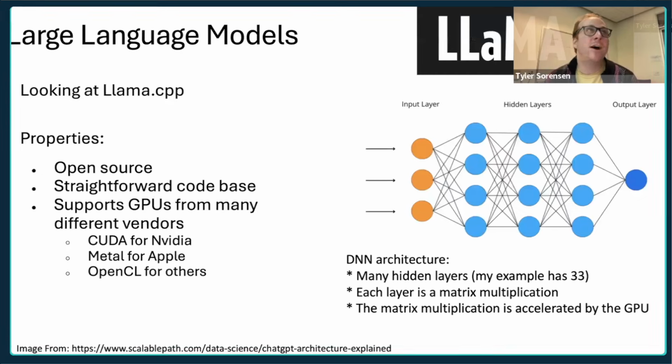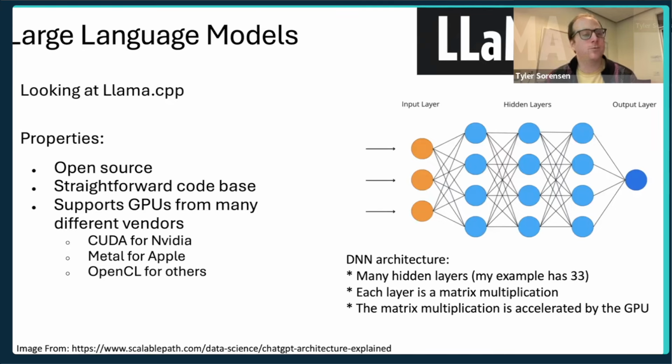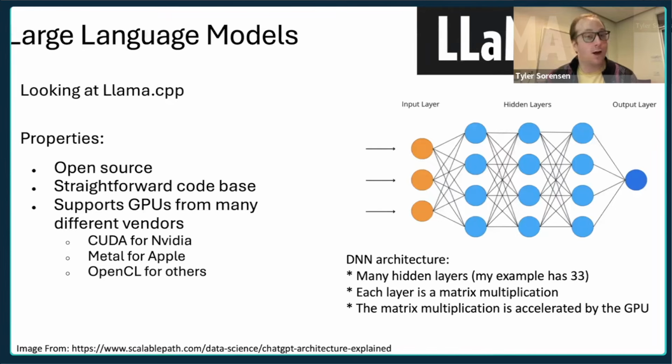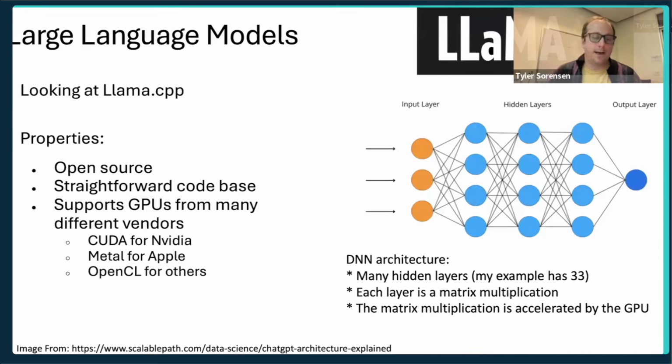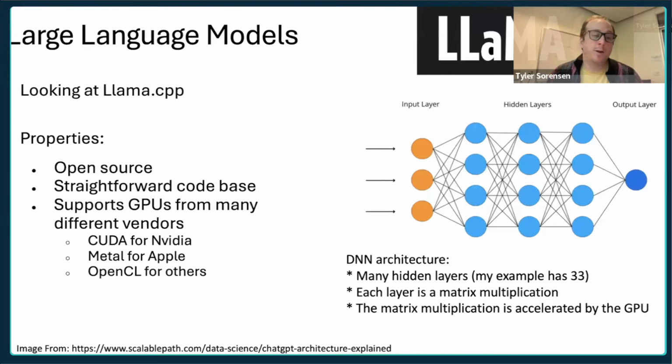We tried to think about how this could impact LLMs. So we looked at llama.cpp. It's a really cool open source LLM. I love it because the code is not super complicated. You can really dive in and see the guts of some of these GPU programs that are actually running on it. What's also really nice about it is that it supports GPUs from a lot of different vendors.